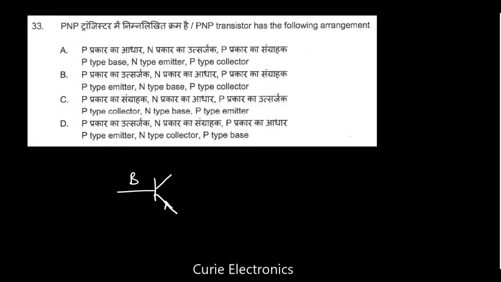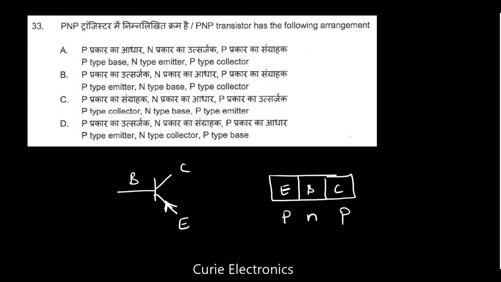We have base, collector and emitter. We can also show it like this: emitter, base, collector. PNP.